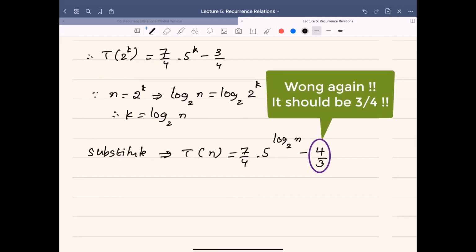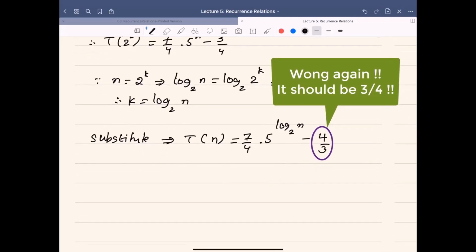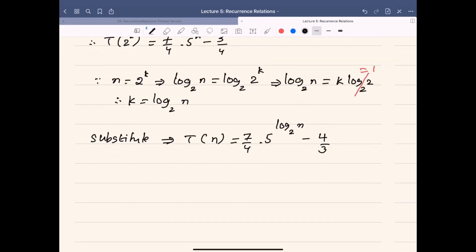And this is the answer in terms of n, but you remember in log, if log is in the power, then we can swap n with 5. So we can swap between these two.